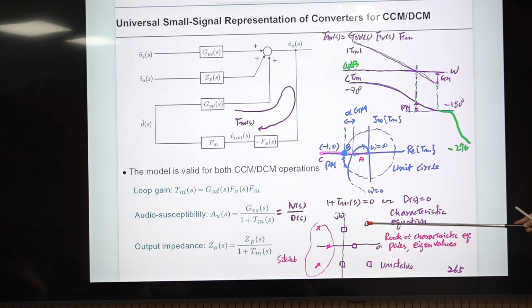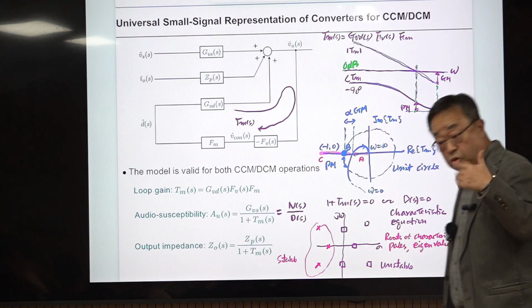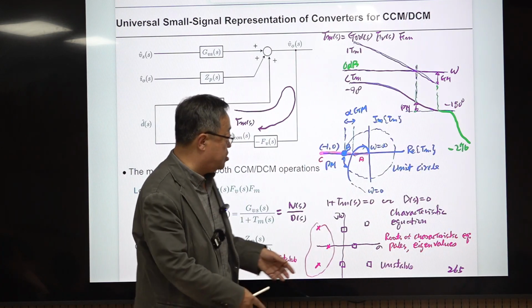This should appear as a complex conjugate pair, so there must be another pole. And if a pole is located on the imaginary axis, then another one should be there. Then this is what? An oscillator. This is an unstable system.